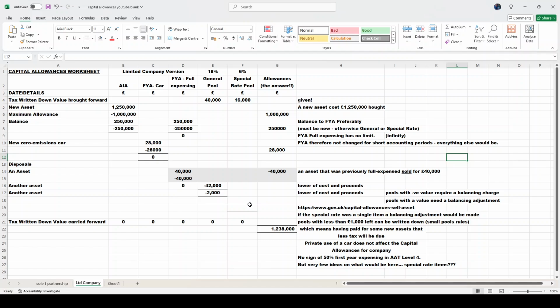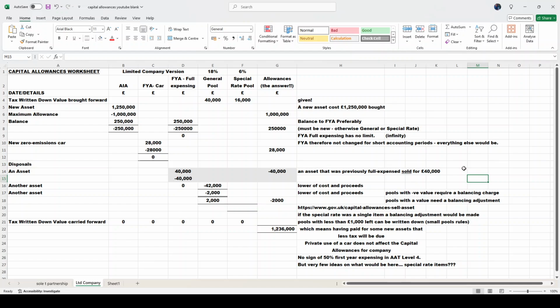A negative value is a balancing charge, and effectively we give the government the money back. We have, of course, had it in our bank account and it's earned some interest or reduced our bank charges in the meantime, so it's not a complete loss giving the money back to the government.